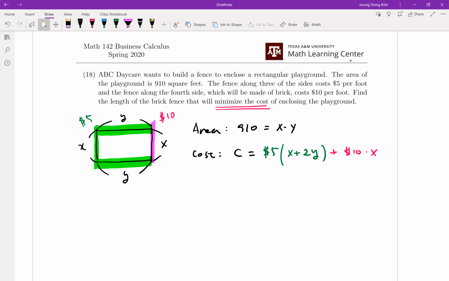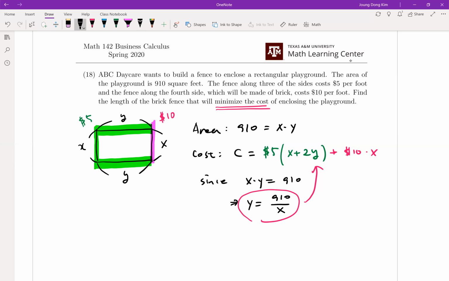Look at that. This cost function has 2 unknown variables, right? But the real title of this course is single variable calculus, so we have to replace one of the variables with the other one. For that purpose, we're going to use the area information. Since X times Y is 910, I can write Y in terms of X, then plug this into my cost function to update it as a single variable function.